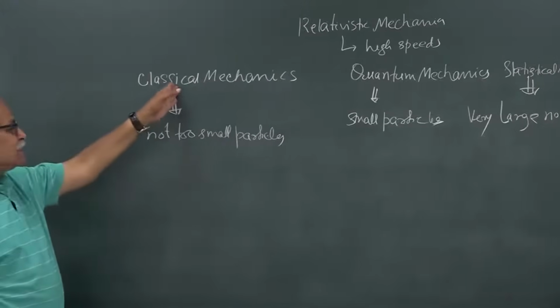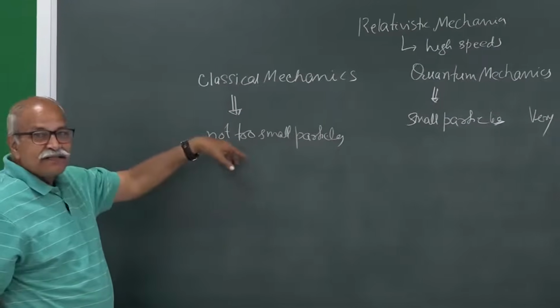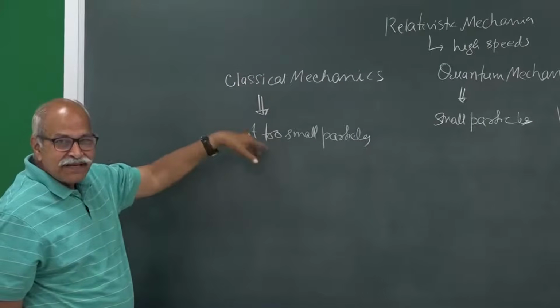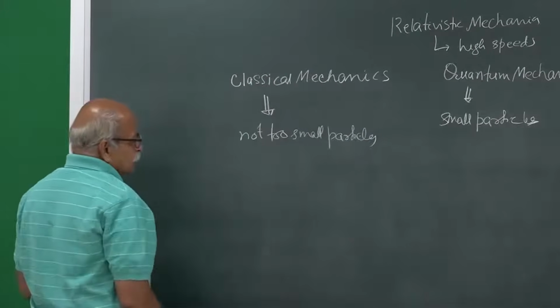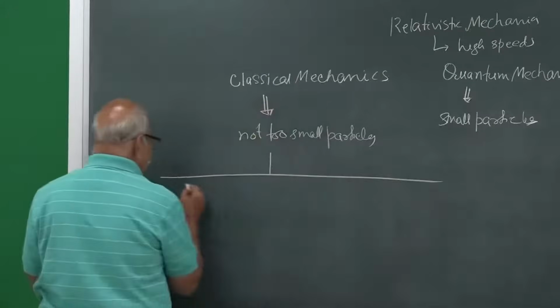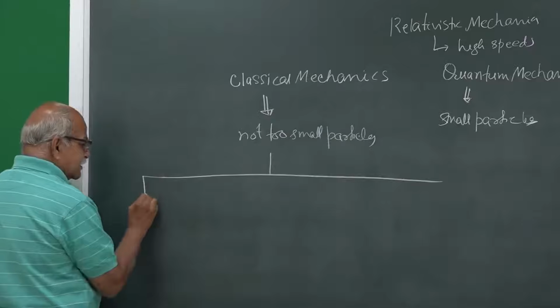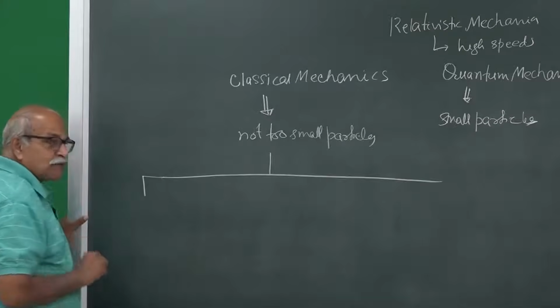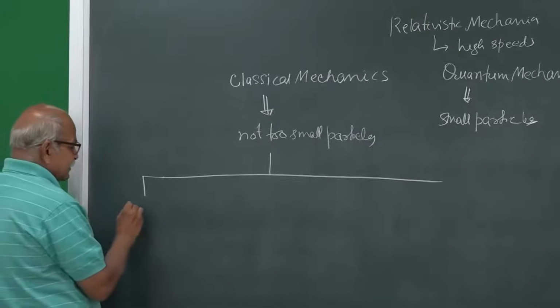Now, coming to classical mechanics, which talks of particles, systems of particles, rigid bodies, and so on. Here also you have three formulations. One is classical mechanics formulated by Sir Isaac Newton.